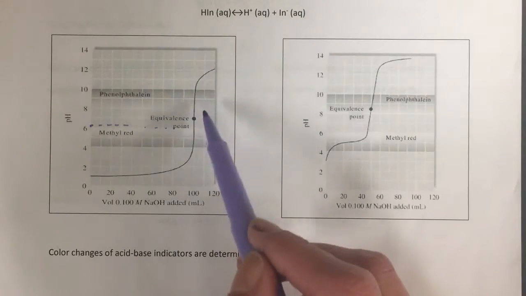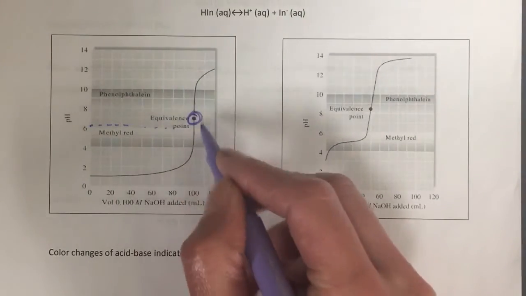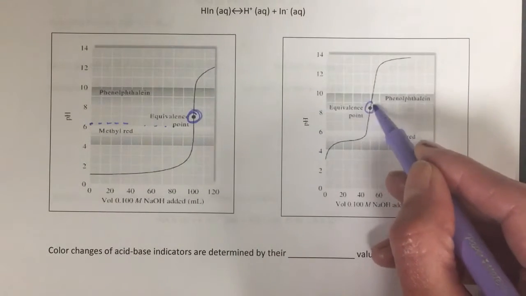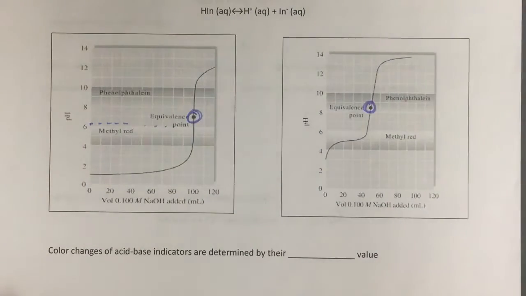So I would probably want to choose phenolphthalein because this falls within its color change. Same thing here. My equivalence point up here is about here, so I'm going to want to choose phenolphthalein because I'm going to have that color change there.